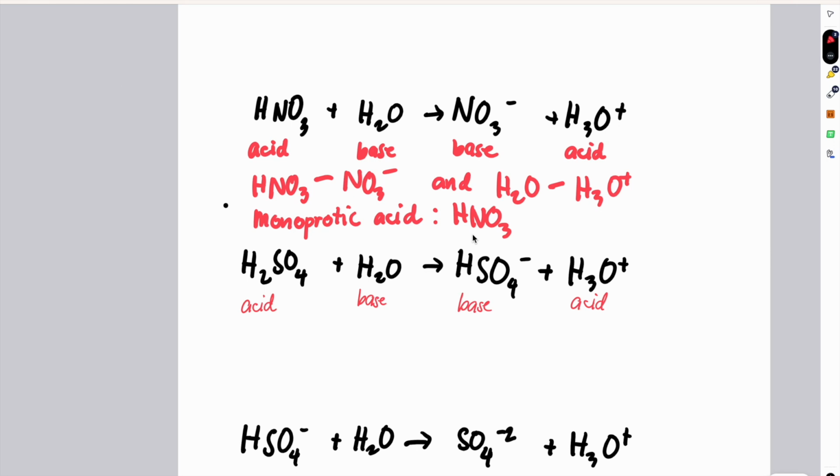So H2SO4, ni-donate siya og isa, 2H2O, nahimo na lang siya HSO4 minus. So H2SO4 and HSO4 minus are conjugate pairs, and H2O to H3O+.